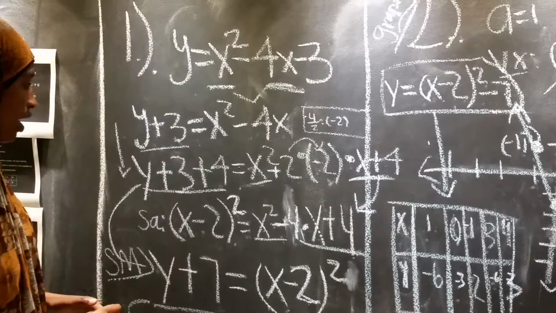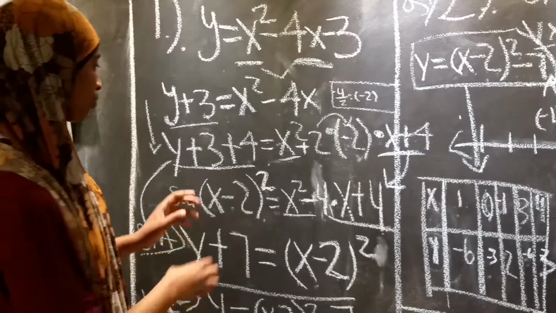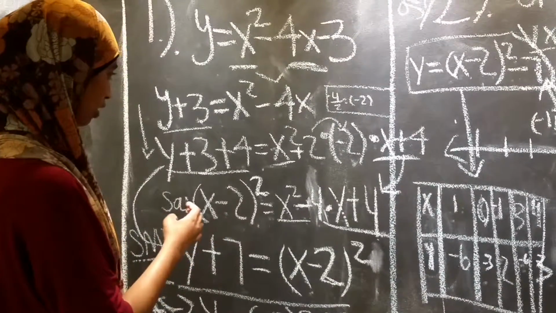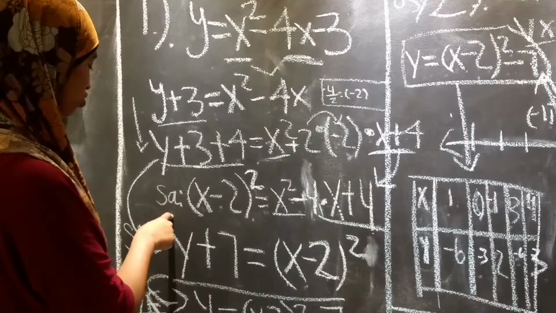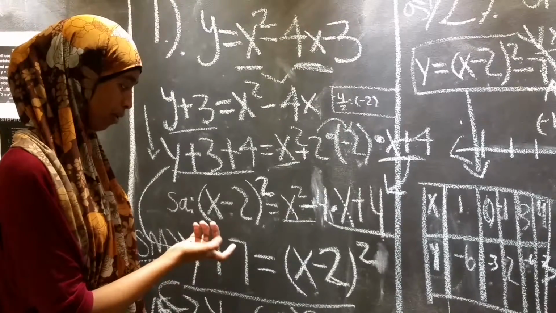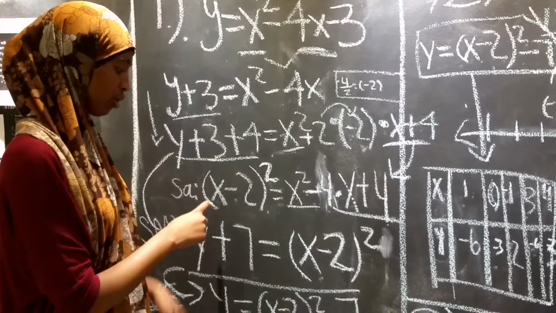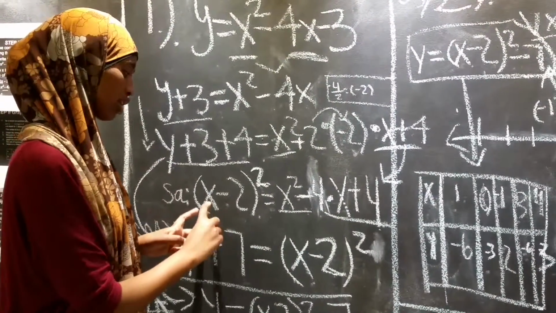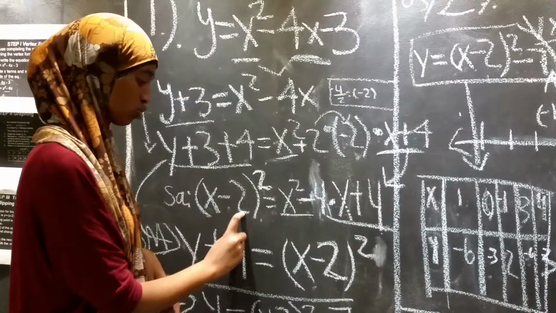In order to do that, we have to use our perfect square. By doing that, we have parentheses x minus 2 squared.